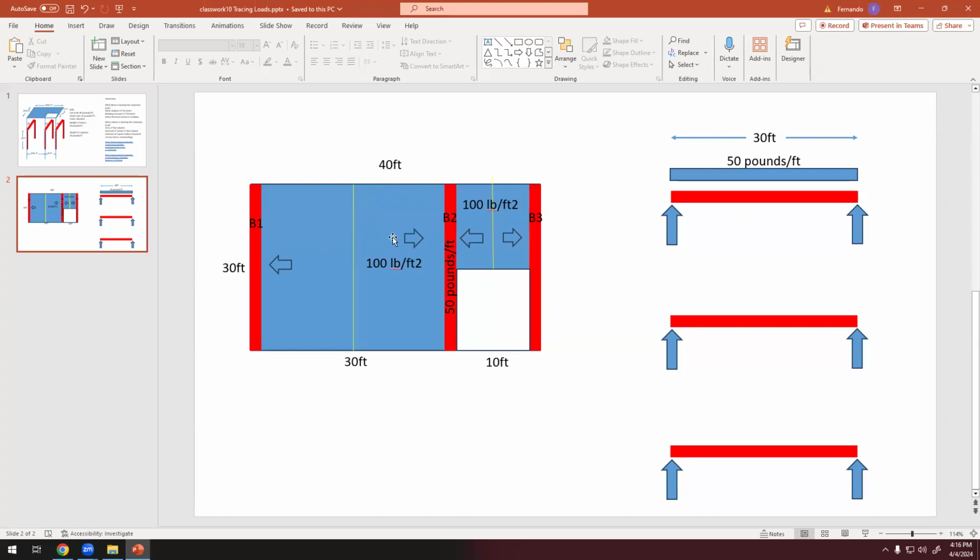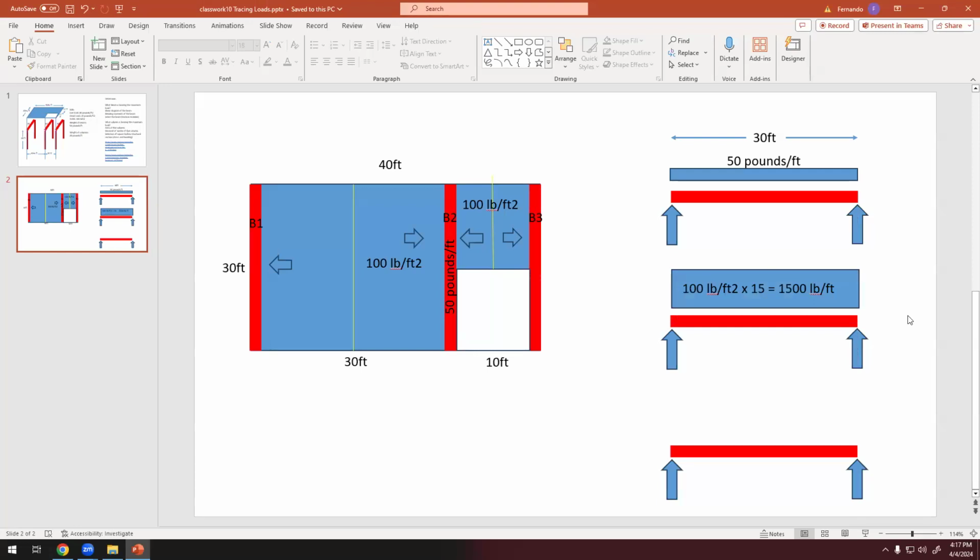So this weight is 100 pounds per square foot times the dimension that I don't see. It's half that slab, so it's half of 30. So that would be 15. Okay, so this is 1,500 pounds per foot.